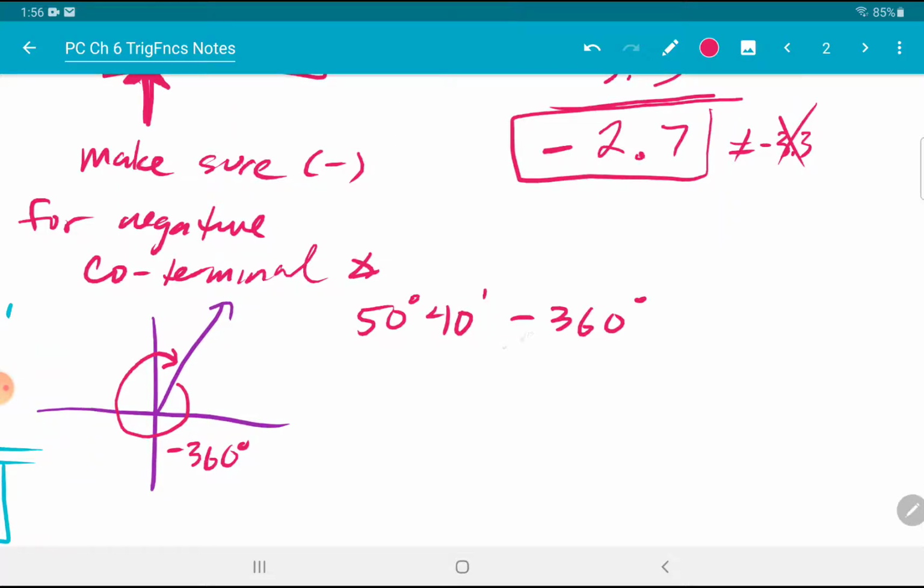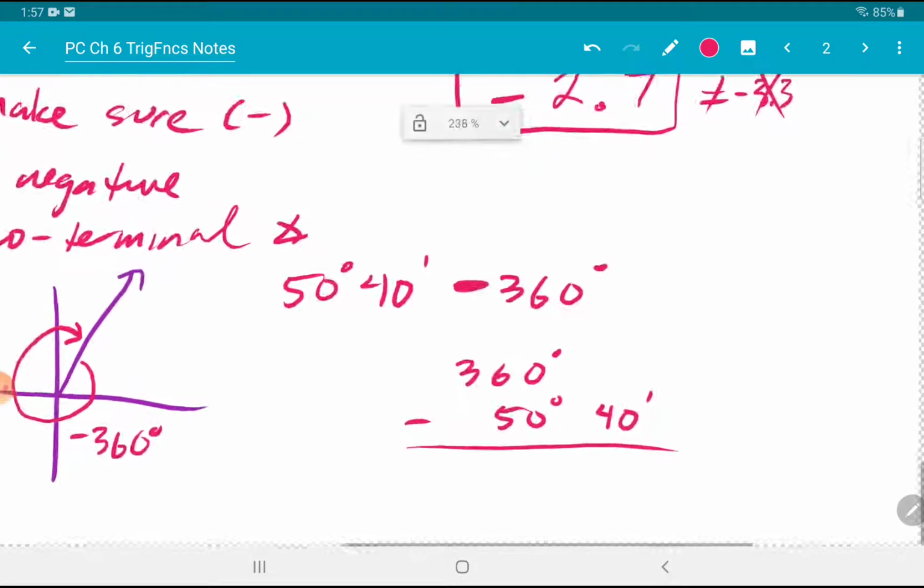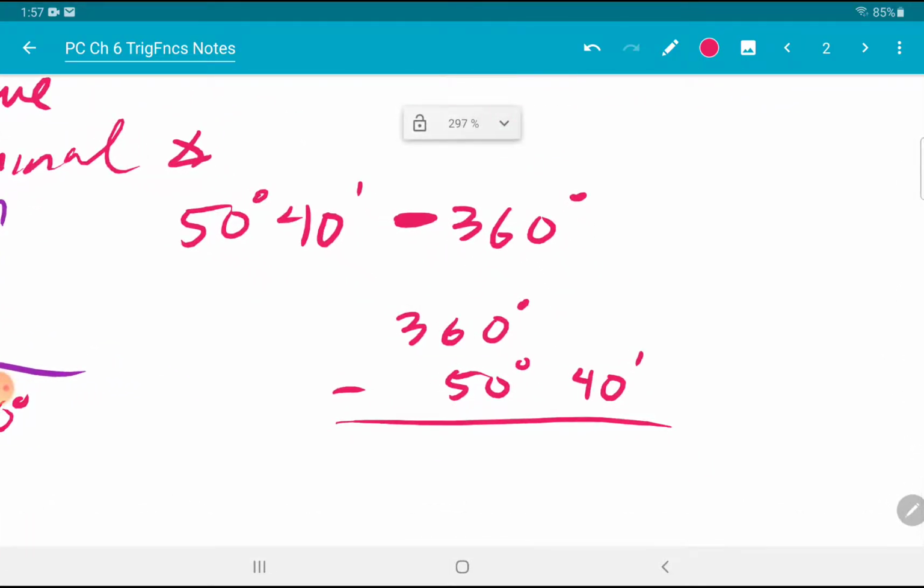Because you're taking a small number minus a large number, what you're really doing is the big number minus small, like this. And then the idea here is you need to think about how you can actually take away and borrow at the same time. So when we do 360 degrees minus 50 degrees 40 minutes, how exactly do we borrow?